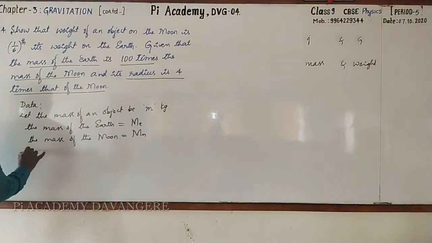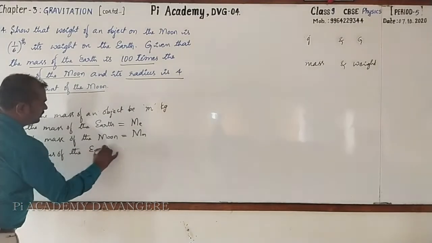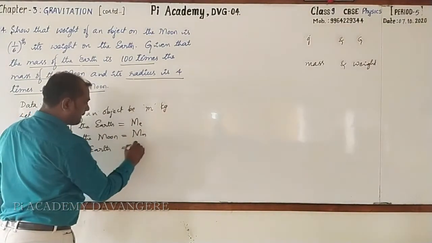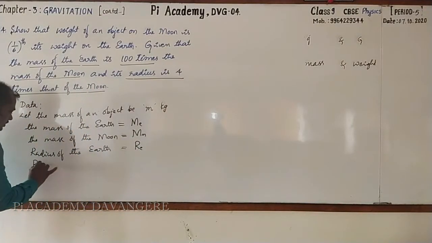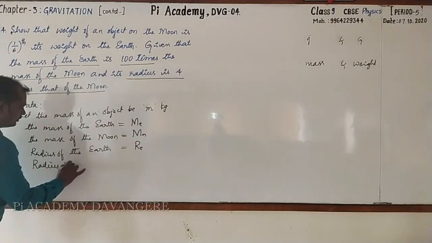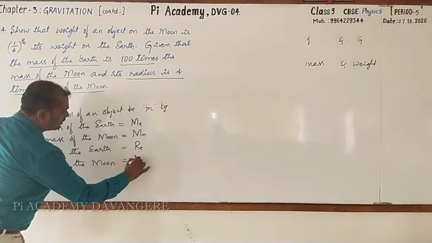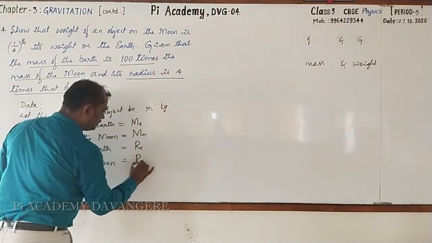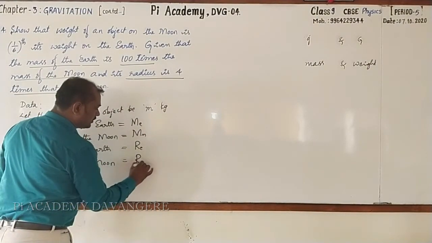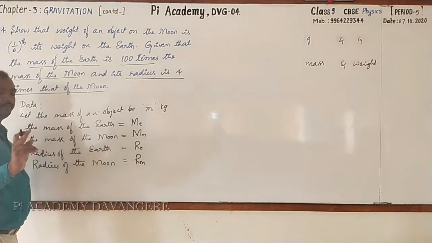Next, radius of the earth. How do you take it? Very good. It is RE. And what about the radius of the moon? The radius of the moon is RM. Radius of the earth is RE, moon is RM.